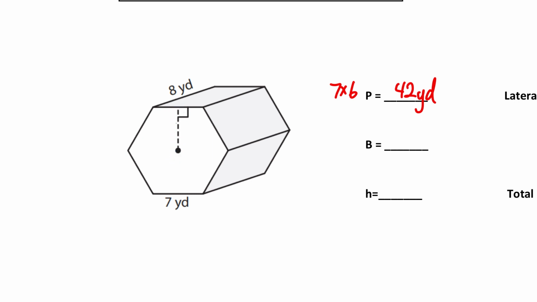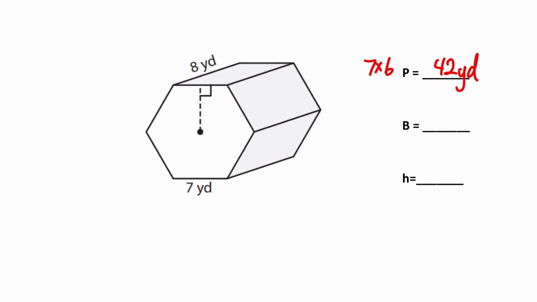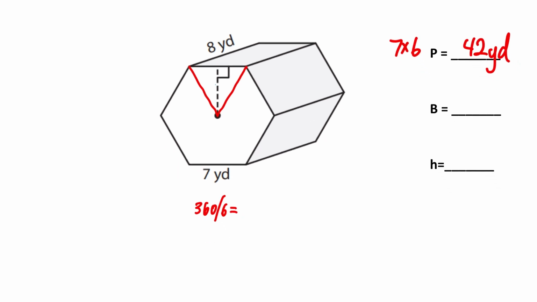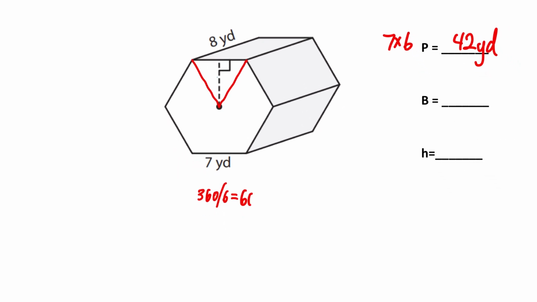So how many sides does this base have? 6. So I'm going to do 360 divided by 6, which is 60. Divide that by 2, this is 30, this is 30. You went the wrong way, so it's going to be 30 here.